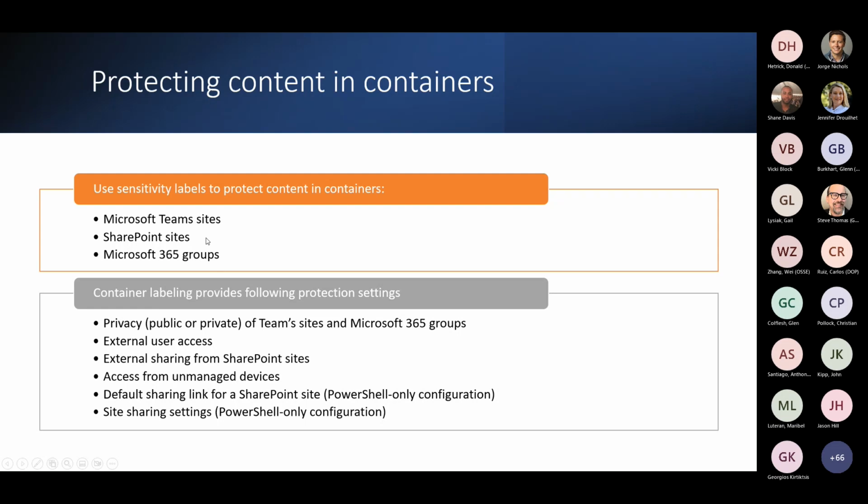And just for everyone's awareness, when you apply a sensitivity label to a team, that label also gets applied to its associated SharePoint site, which is the Files tab in the sections of the team. And finally, some of the other settings that can be applied in a sensitivity label, these are the protection settings, again, that can be configured within the label. And you'll be seeing each of these settings within the demo.